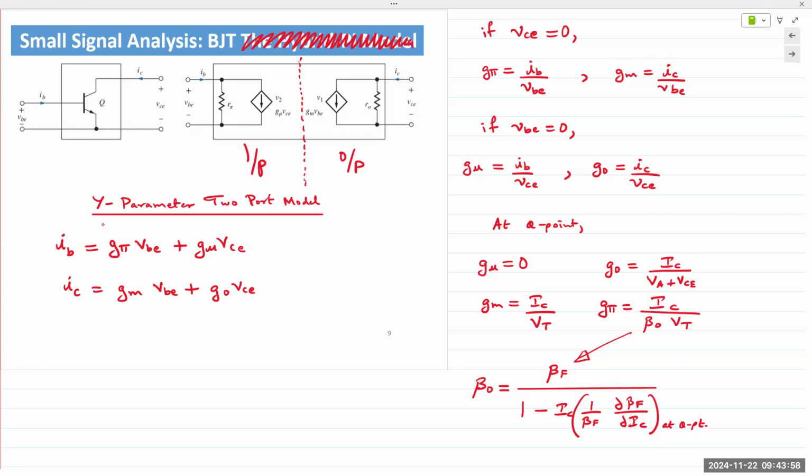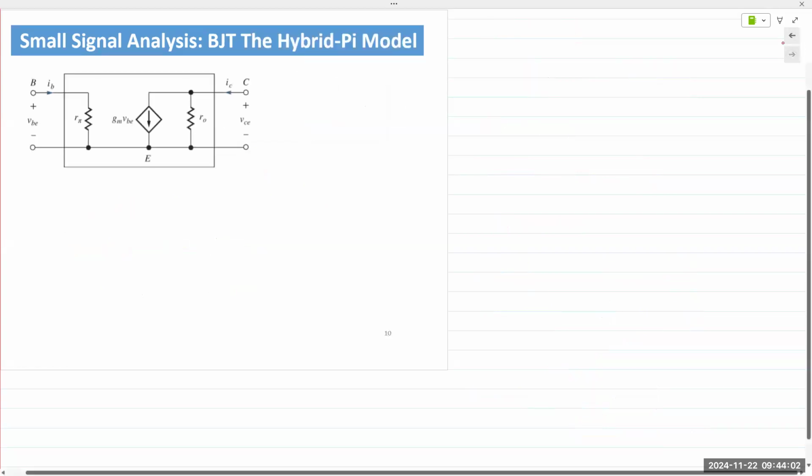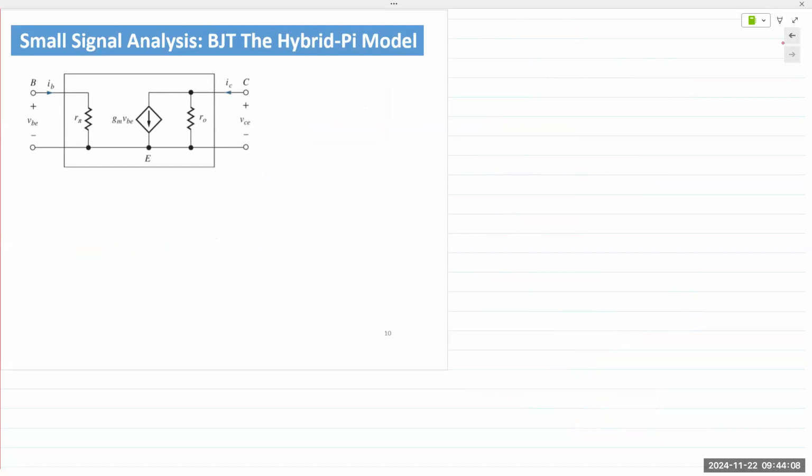Okay. From this, we can refine this model and we can obtain a very popular model known as the hybrid pi model. And the hybrid pi model, again, as I was saying, you have the input resistance R pi, output resistance RO. The currents, if you will, take notice, are both entering into the transistor.